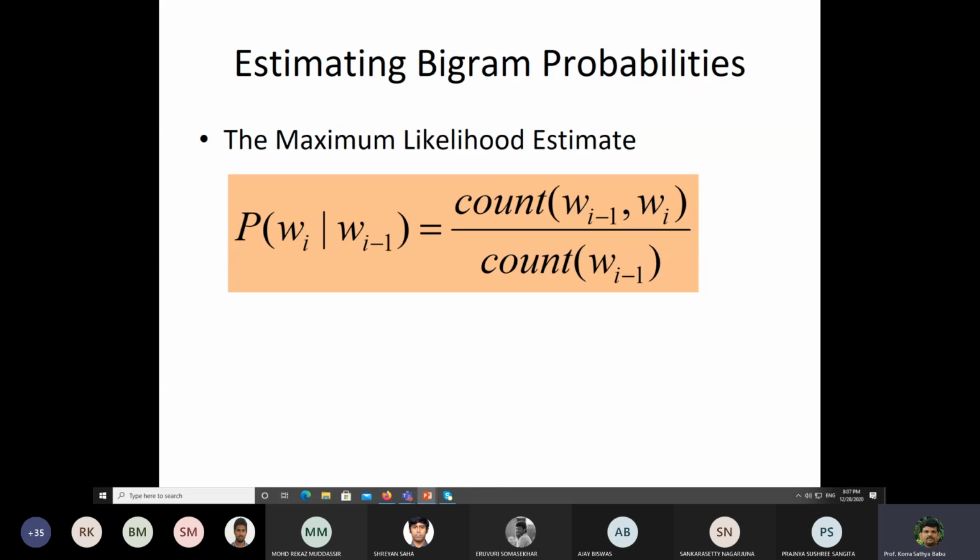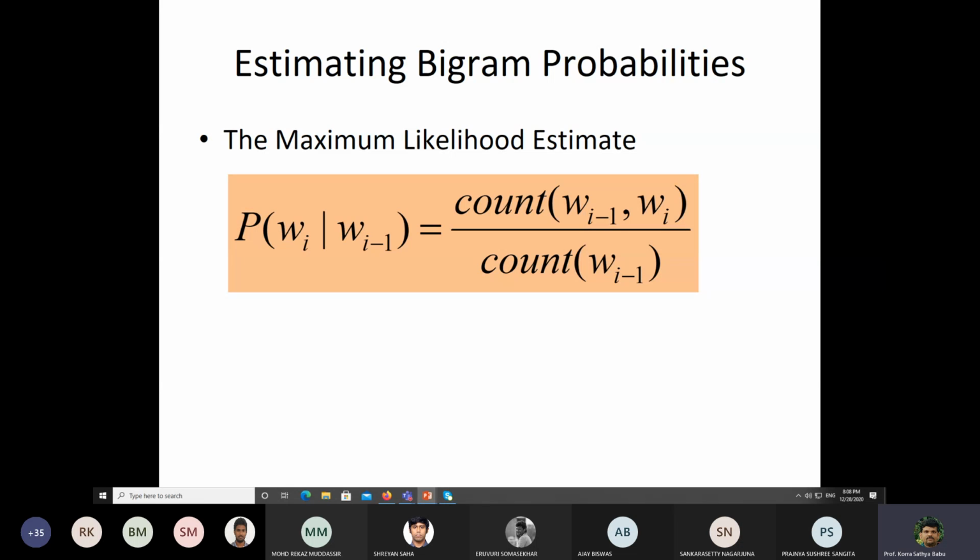This is how you estimate the bigram probabilities. For trigram probabilities, it is Wi given Wi minus 2, Wi minus 1, which equals the count of Wi minus 2, Wi minus 1 and Wi, divided by the count of Wi minus 2 and Wi minus 1.